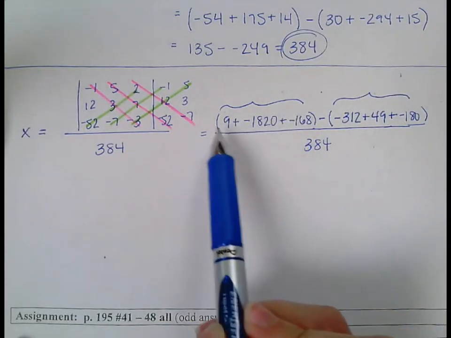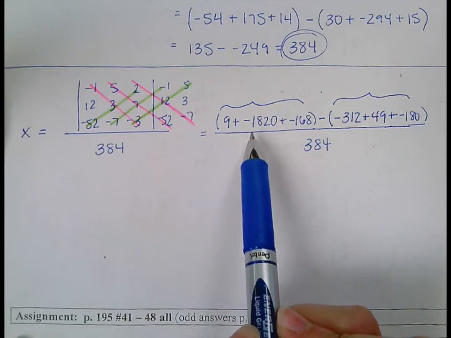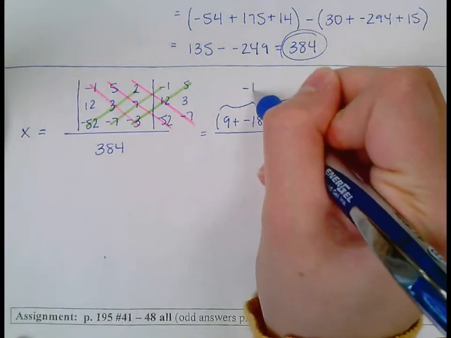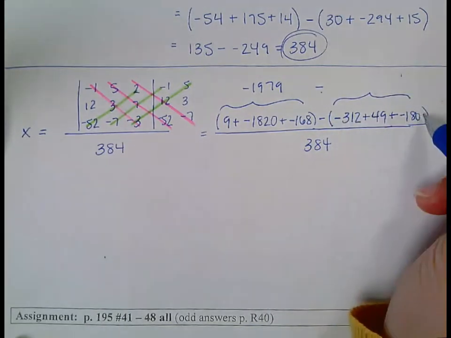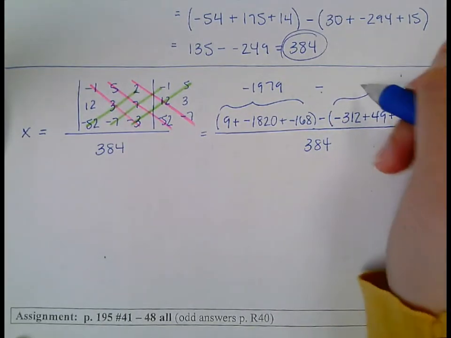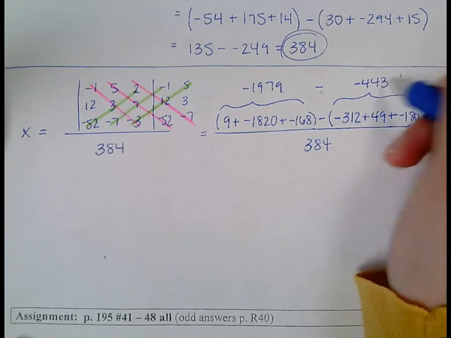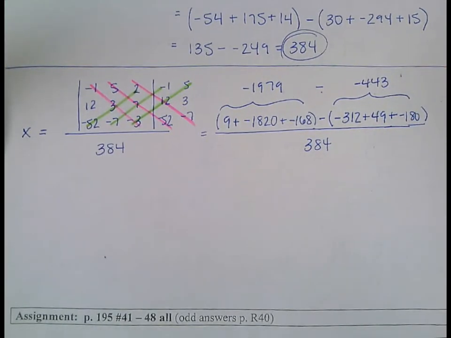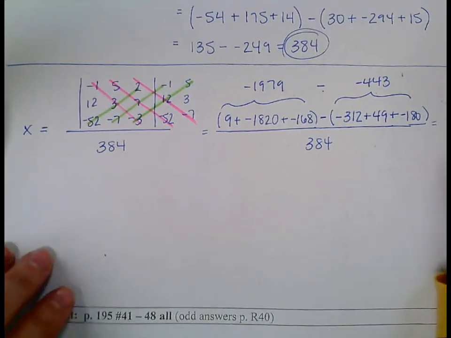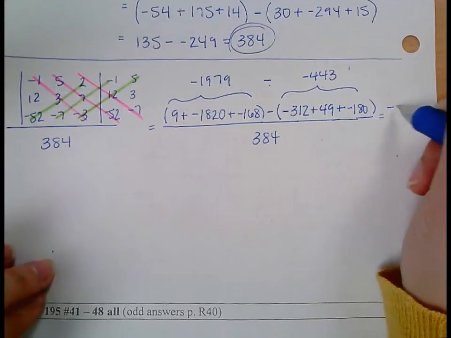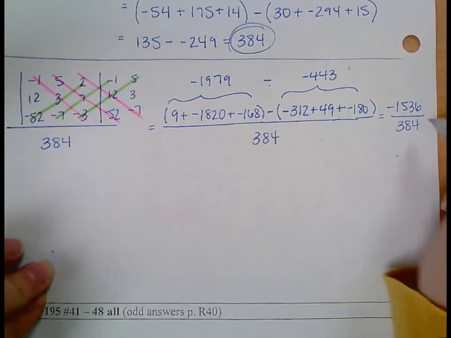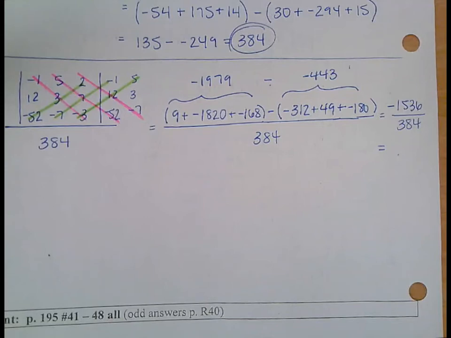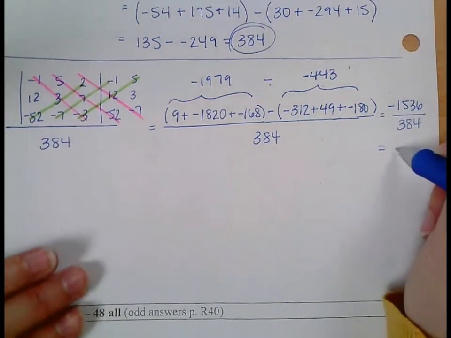And then the sum of these first three products is negative 1,979 minus the sum of the second three is negative 443. So then, yes, you would add them, and it's negative 1,536 divided by 384, meaning your x coordinate is negative 4.